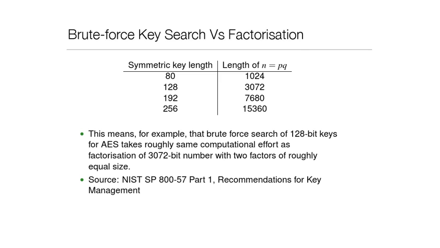This means, for example, a brute force search of 128-bit keys for AES is roughly the same computational effort as factorization of a 3072-bit number with two factors of roughly equal sizes.